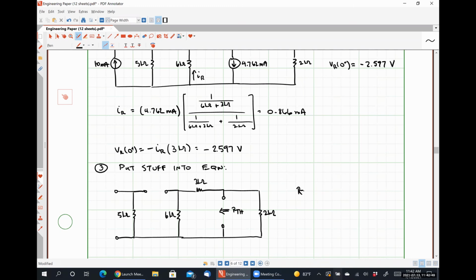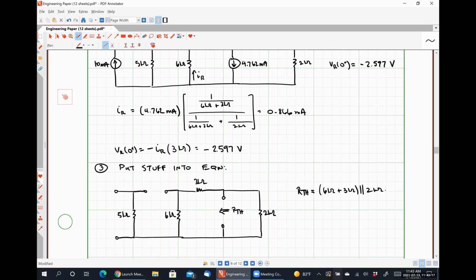So what should our Thevenin be? Six in series with 3, and that in parallel with 2. 6 kilo ohms plus 3 kilo ohms in parallel with 2 kilo ohms.